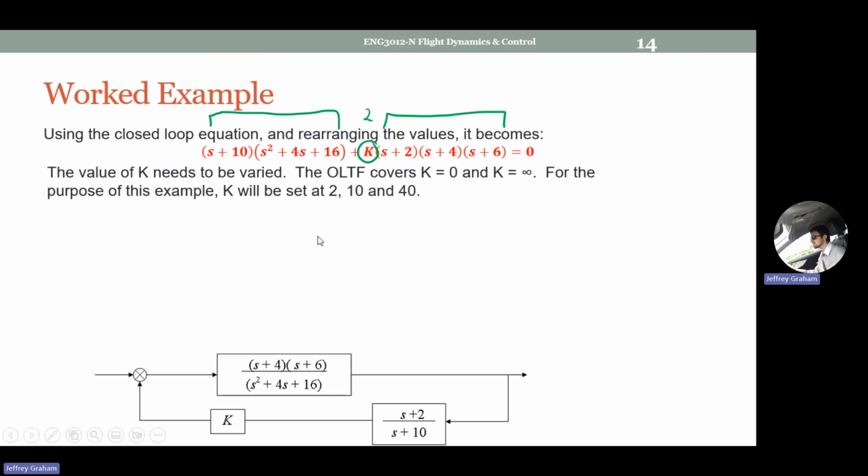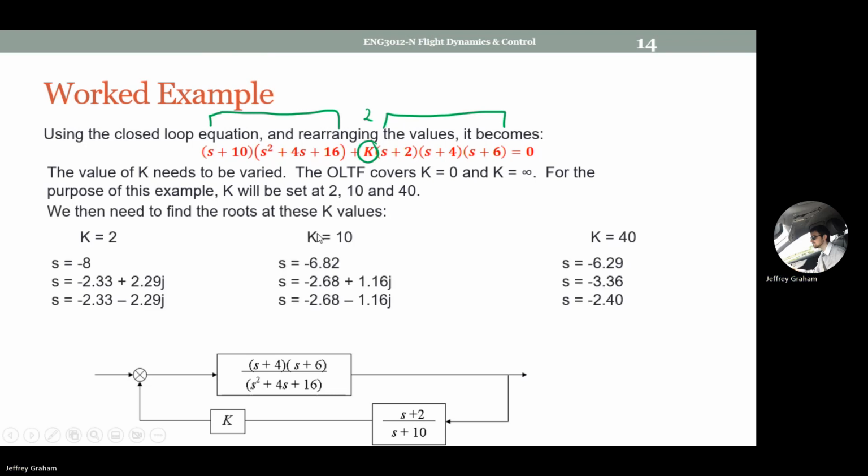So in this instance, when k is set to be 2, we put a 2 in for k. I've expanded all of this, so we get an S cubed term, added to this, which remains as an S cubed term, hence we get 3 answers out. Stuck the final equation into a root solver and got the values of S out.